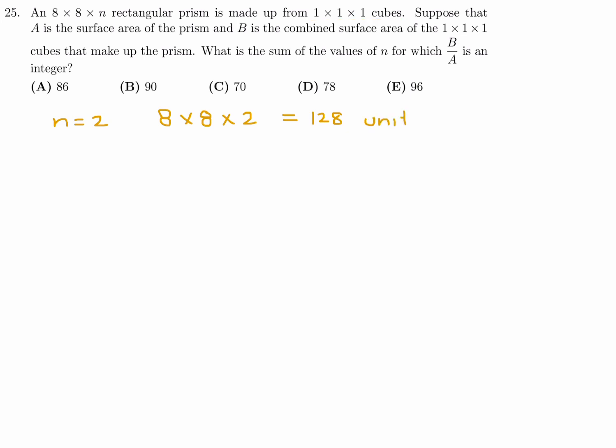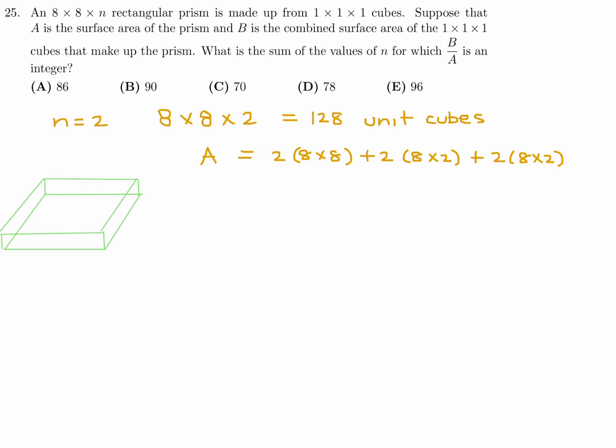Each has a volume of 1. So it'll be 128 unit cubes in this scenario. Now the surface area, which they are calling A, of the prism will be as follows. It'll be 2 times 8 by 8 plus 2 times 8 by 2 plus 2 times 8 by 2.